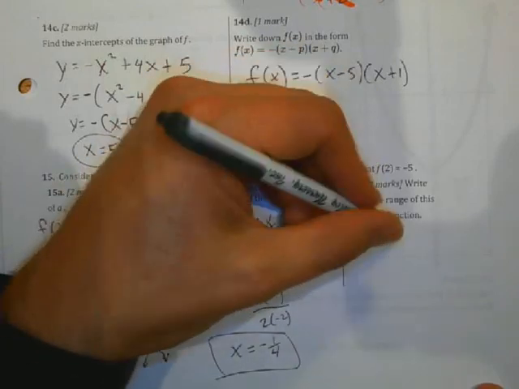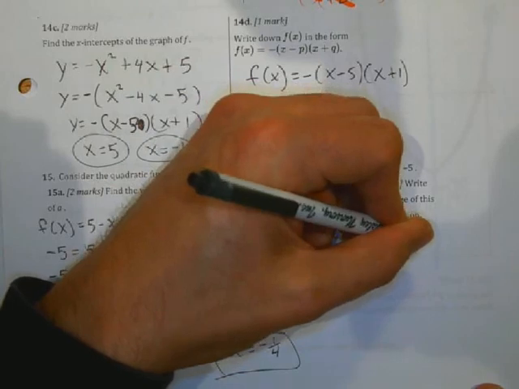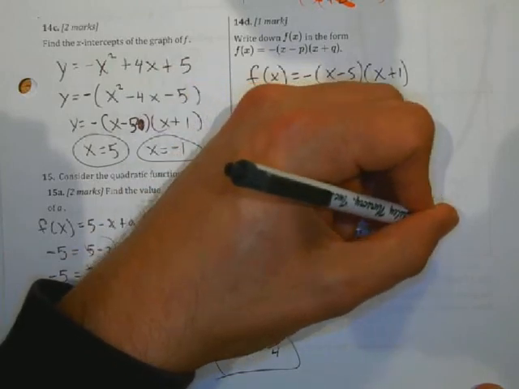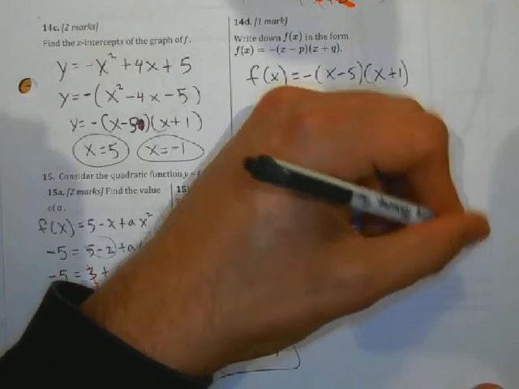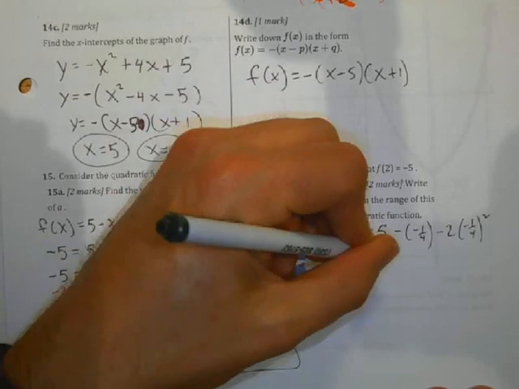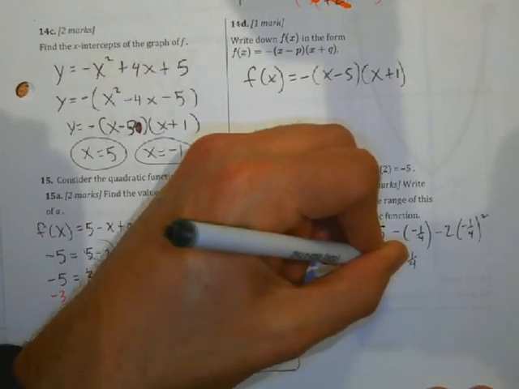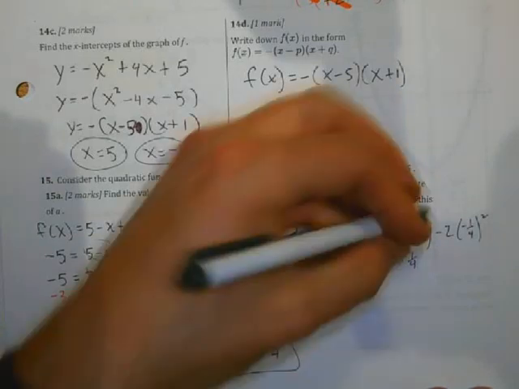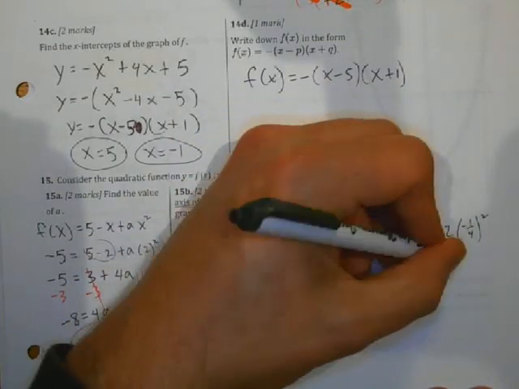So we have 5 minus (negative 1/4) minus 2 times negative 1/4 squared. So I get 5 plus 1/4 minus 2 times 1/16.